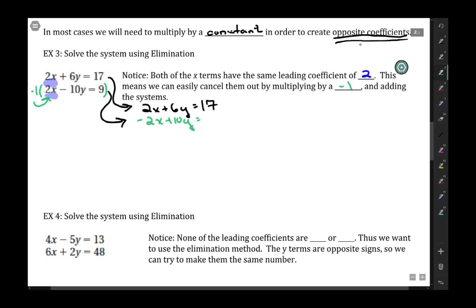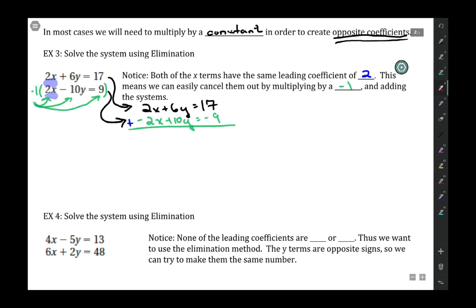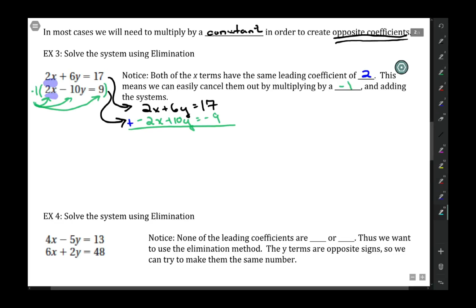And don't forget to distribute to the last number as well. So now, if I were to add these two systems, my 2 and my -2 are going to eliminate one another.